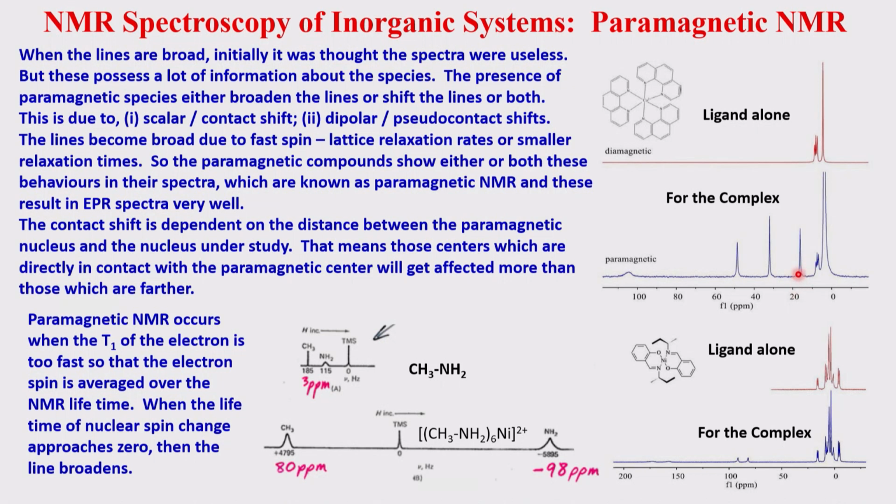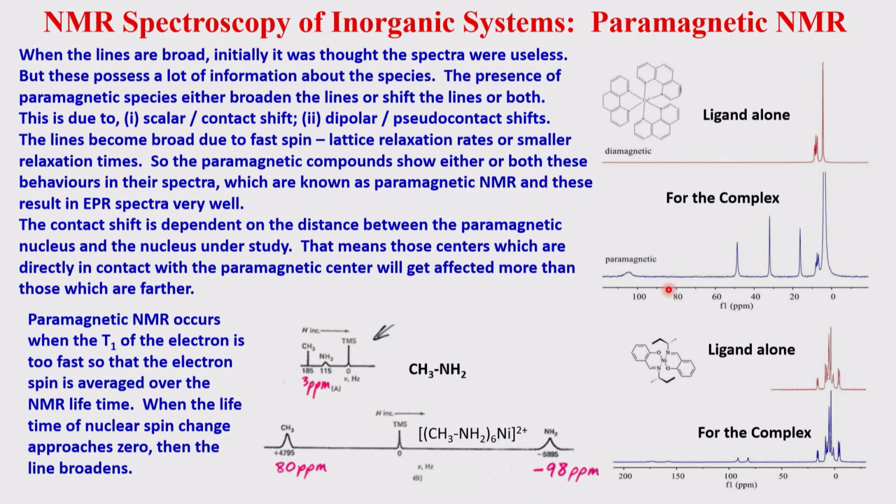So you have peaks coming at 20, 30, 50 and even 100 ppm, and this is again the proton NMR spectrum, not some other nucleus at all. So you can see that the proton nuclei present in these, when bound to iron 3 plus, which is paramagnetic and has an unpaired electron, are influenced to different extents.